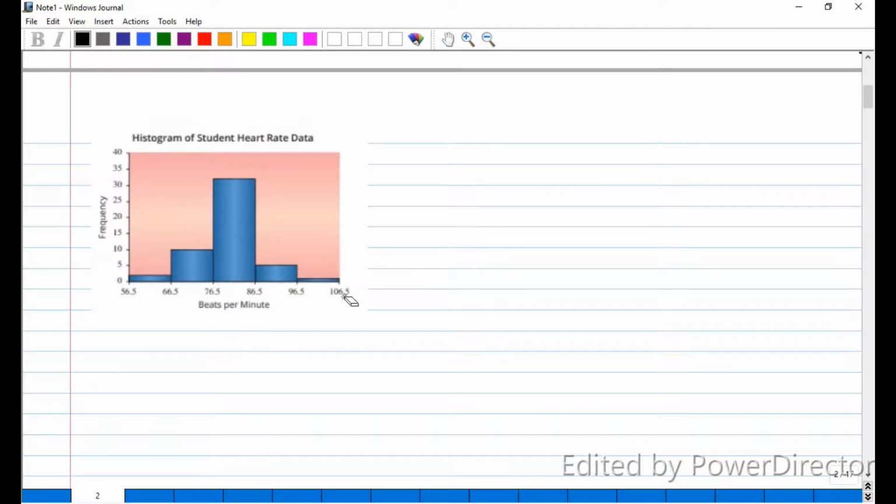So this one here, if I split it right down the middle, I don't have exactly the same thing on the left side and right side, but it's close. All right, and so if they're approximately the same, then the distribution is symmetric.